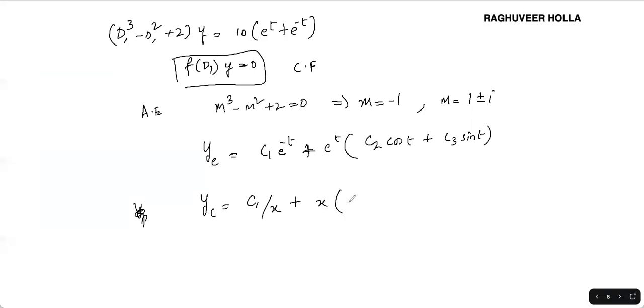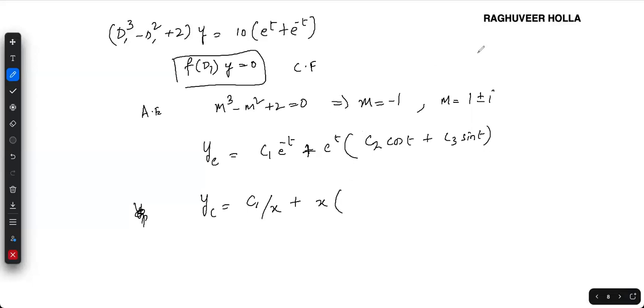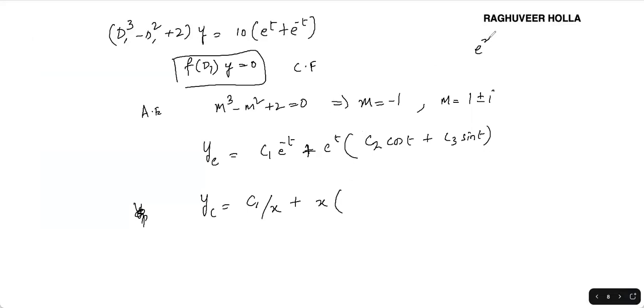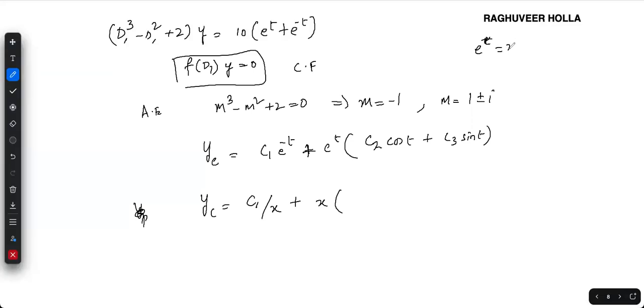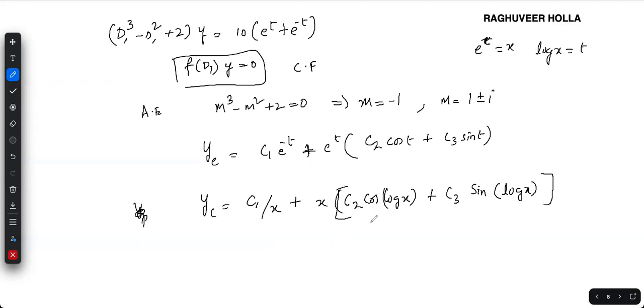Since log x is t, we have c2 cos of log x plus c3 sin of log x. This is your yc.